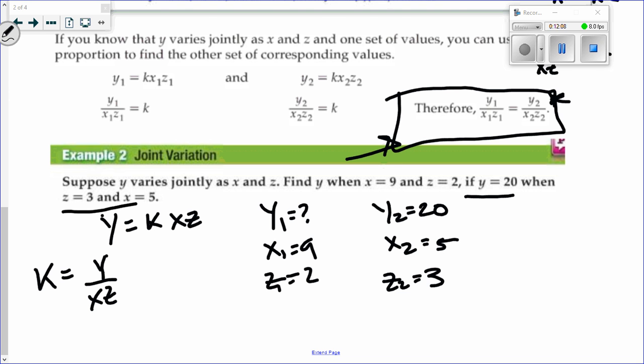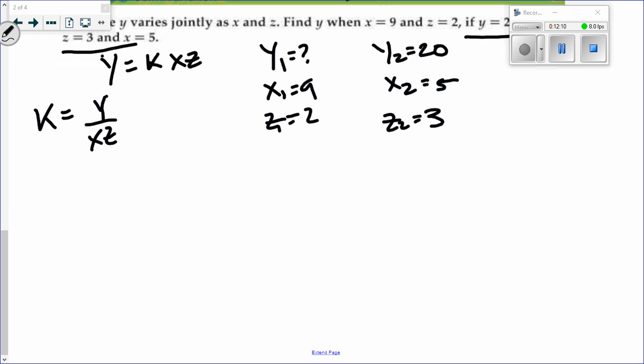That's z1 over here. And we're just using that proportion again. So y1 over x1 is 9 times z1, 2 equals y2 is 20 over x2 times z2.